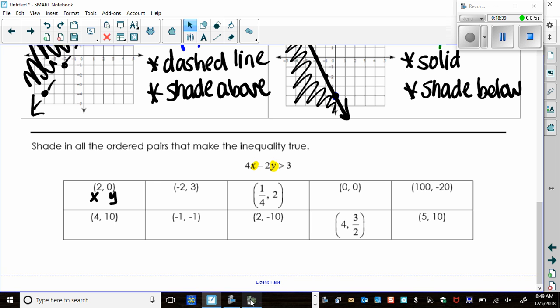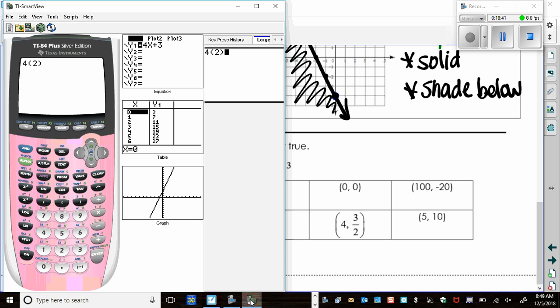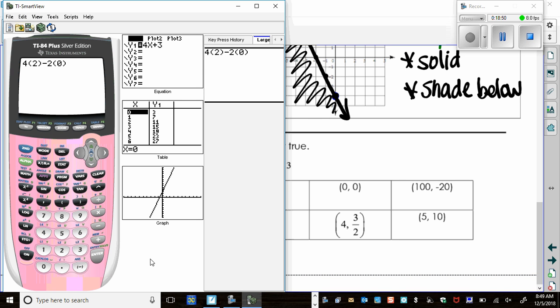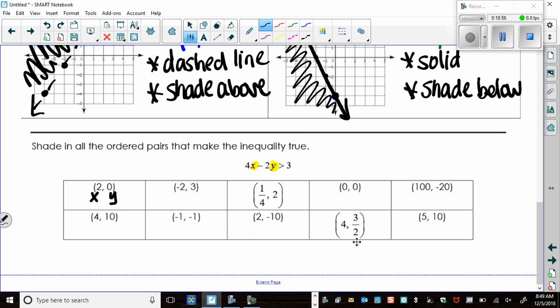I'm going to substitute that in my equation at the same time. So minus 2 parentheses 0. This has to be greater than 3 in order for it to be part of the solution. So let's see. I have 8. So when I plug in my values, I get 8 is greater than 3. This is a true statement. So this is a solution. So I'll shade this in.